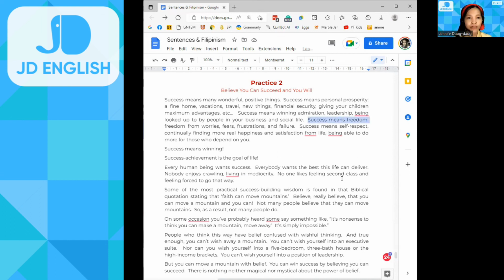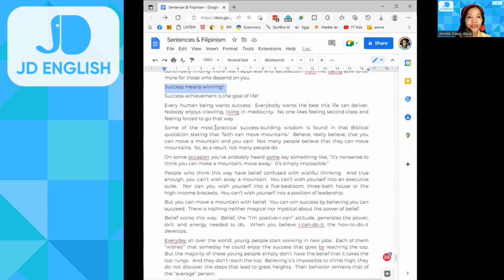Success means freedom, freedom from worries, fears, frustrations, and failure. Success means self respect, continually finding more real happiness and satisfaction from life, being able to do more for those who depend on you. Success means winning.